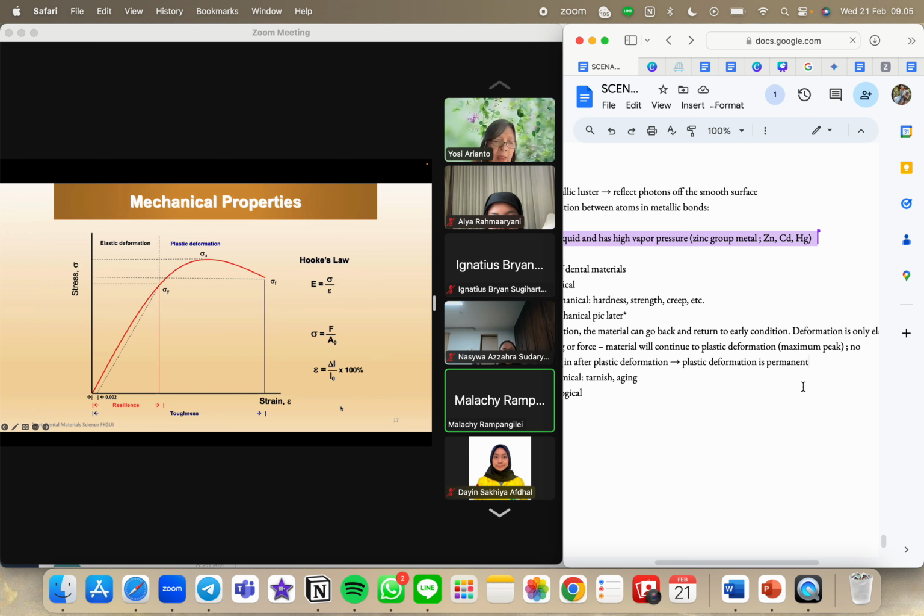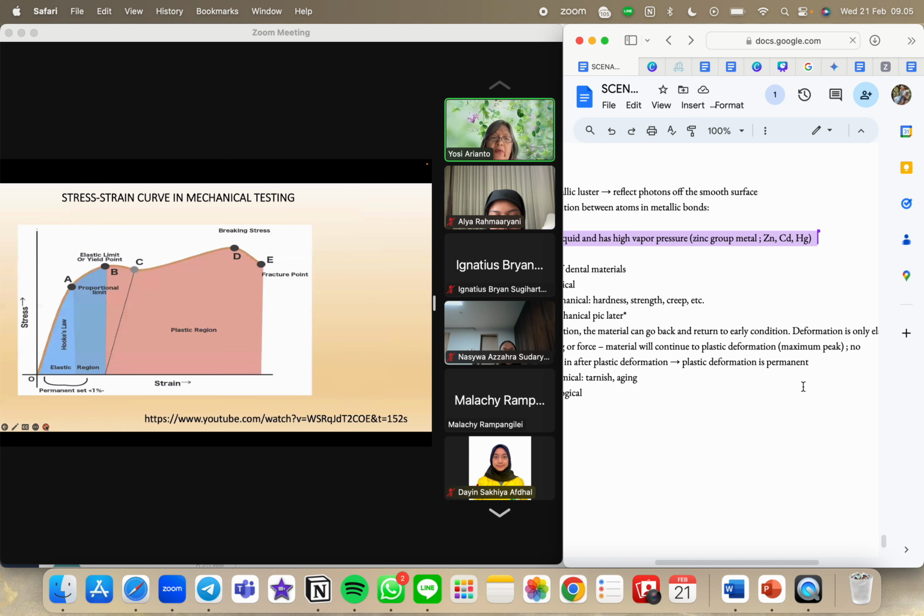Okay, let's see the other one. Here it's the same curve, stress and strain curves in mechanical testing. You can see here, this is the elastic region.